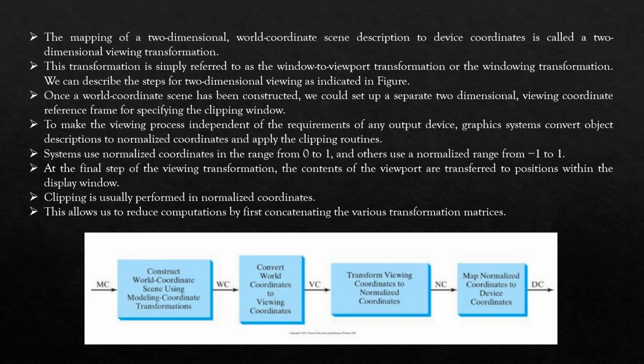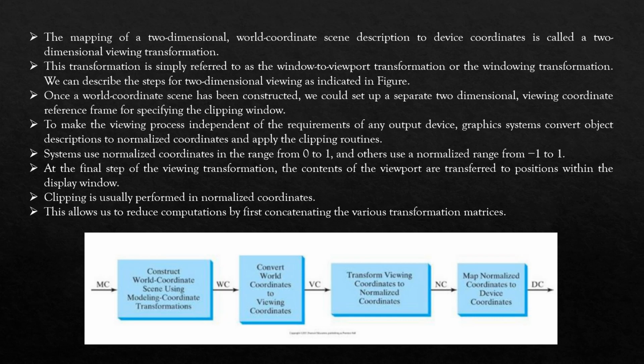At the final step of the viewing transformation, the contents of the viewport are transferred to positions within the display window. Clipping is usually performed in normalized coordinates. This allows us to reduce computations by first concatenating the various transformation matrices. So here is how the 2D pipeline looks like.